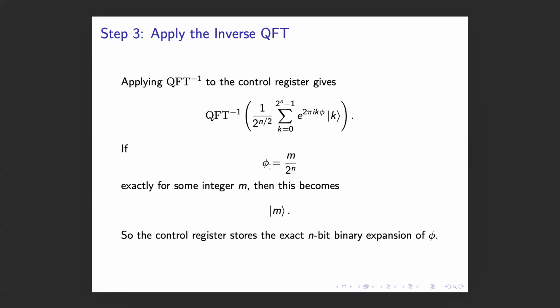If this is given exactly by the numbers we had, so for the one qubit case, we had 0 or half. So if this number phi can be exactly represented for some integer n: if we have one qubit and the values we are looking for are either 0 or 1/2, then we have an exact representation with one qubit.